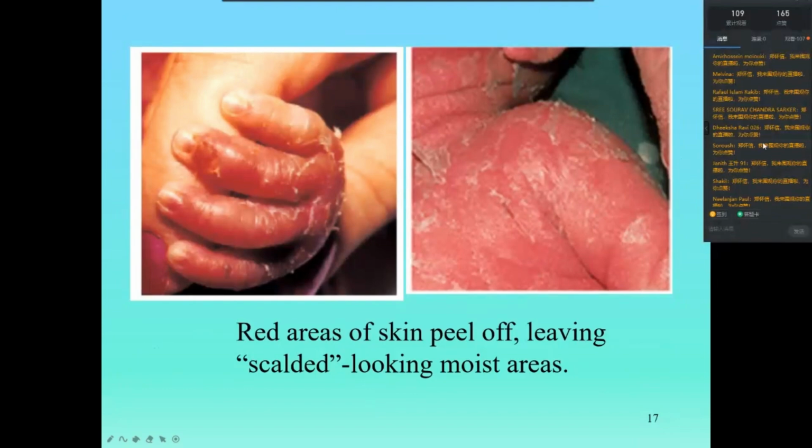So we need timely cleaning and proper management of the lesions. If you identify the lesion, you need to clean that area, especially on the surface.